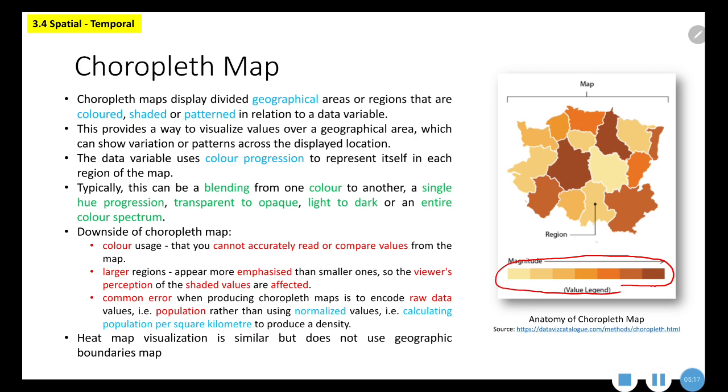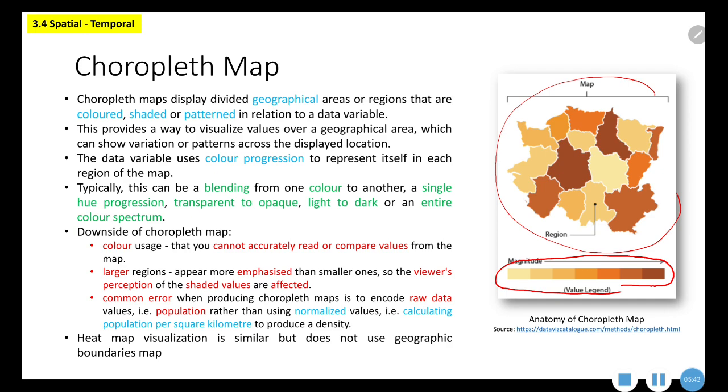And rather than using the normalized values, which is what we are supposed to plot on this choropleth map, where the normalized values is actually calculating the population per square kilometer among the whole map, in order to produce the density.